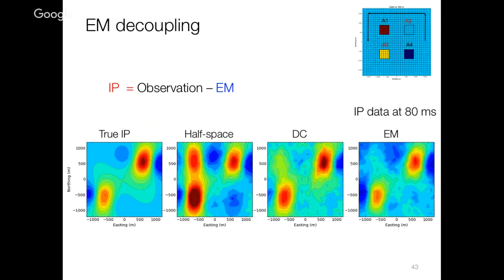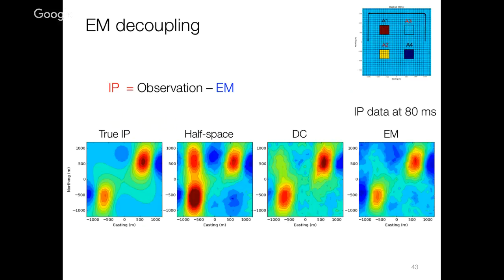The purpose of this slide is to show you that we're going to use IP data as observations minus the EM response, but then the question is, okay, what do we use for conductivity?